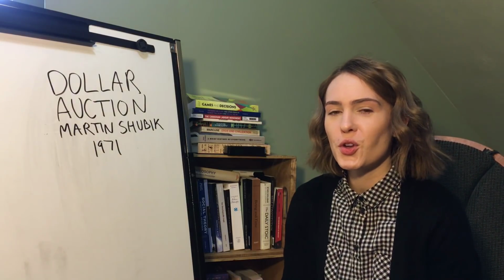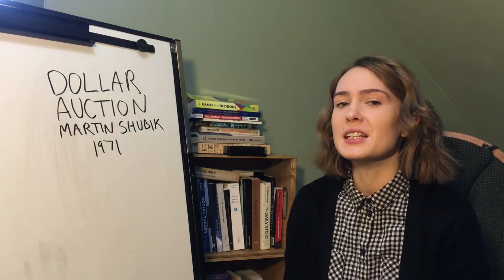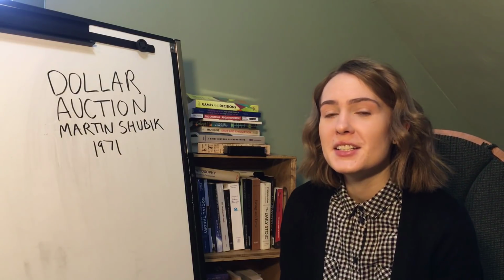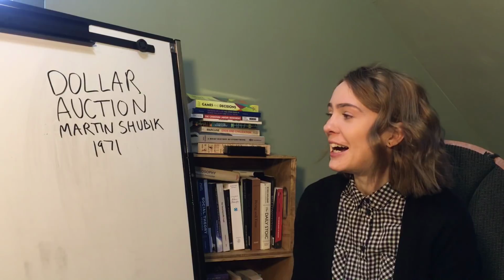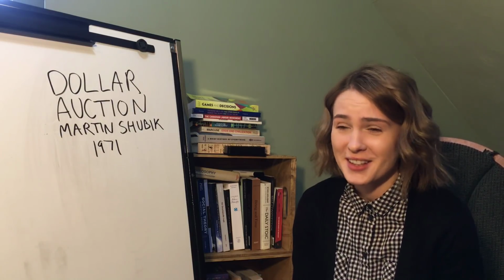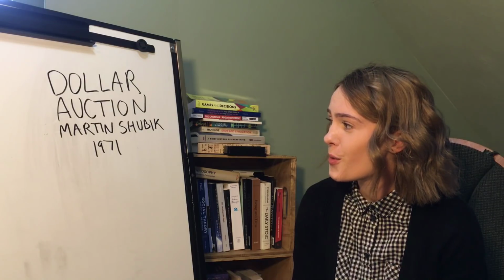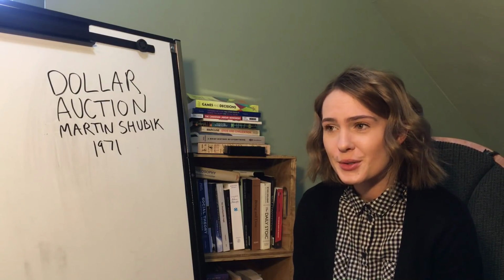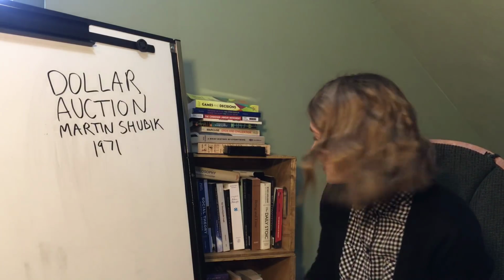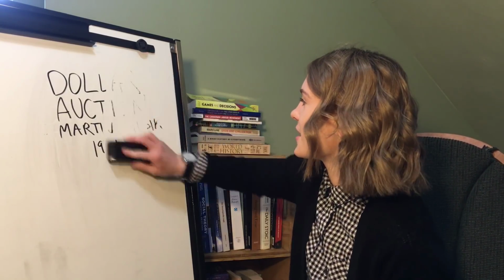Alright, so the dollar auction was originally developed by the Yale economist Martin Shubik in 1971. So a little bit old school here, but potent nonetheless. So, dollar auction. I'm guessing you know what an auction is, but let's break it down, just for fun's sake.